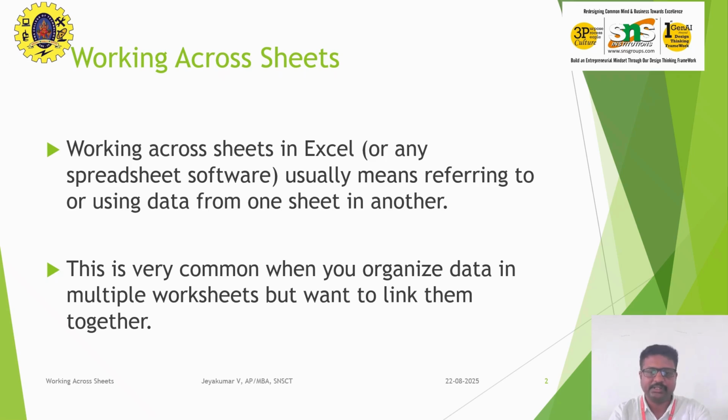For example, using the data from sheet 2 in sheet 1, or using the data from January sales against your December sales. Everything is said to be working across sheets.